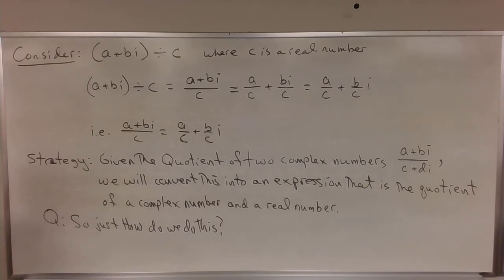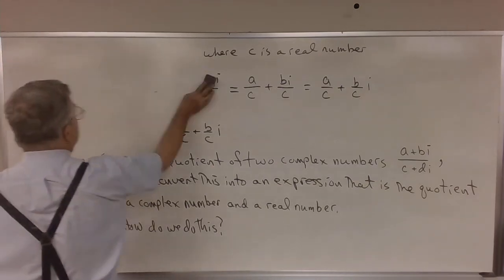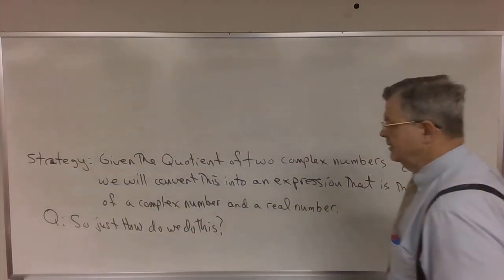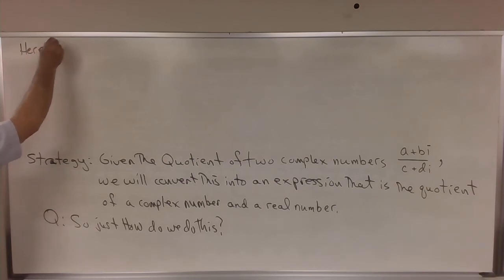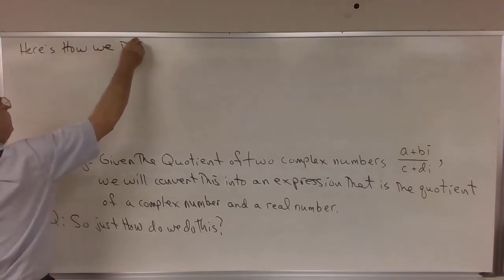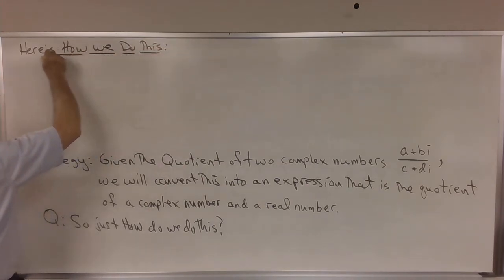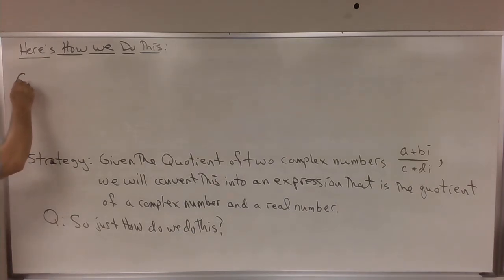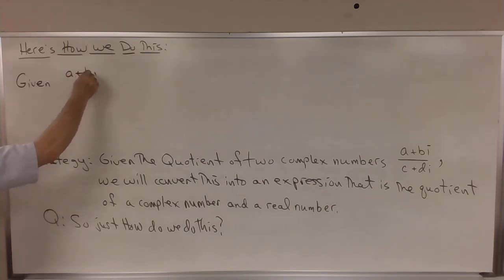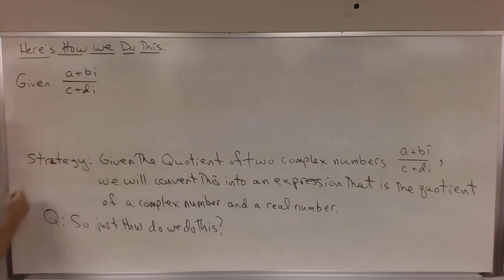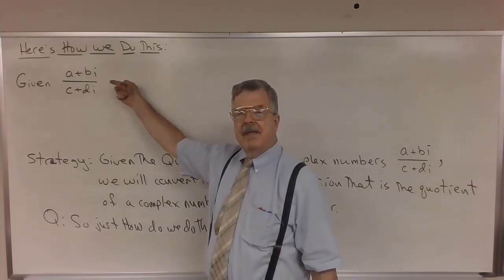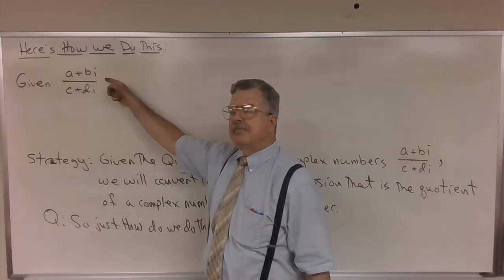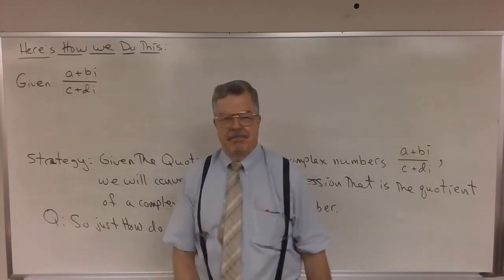Is this easier said than done? I hope not. I want to take this thing and convert it into the quotient of a complex number on top and a real number on the bottom.